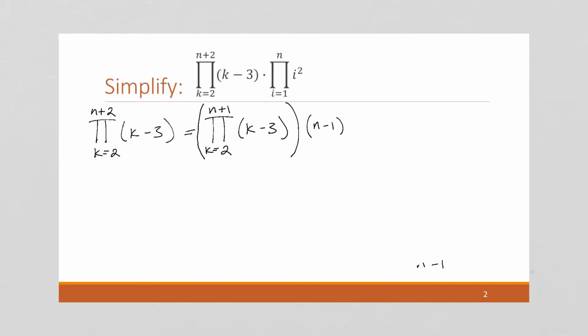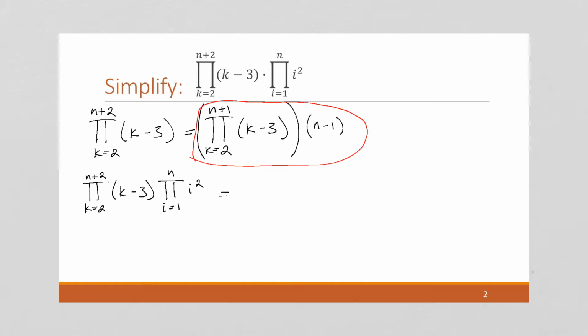Okay, so we've pulled that last term out, which means I can rewrite my original problem as, I'm going to use this replacement to go right there, but I'm going to reorder it slightly.